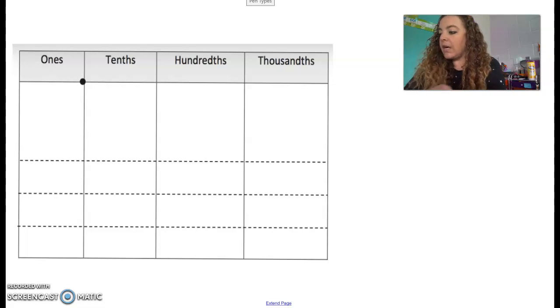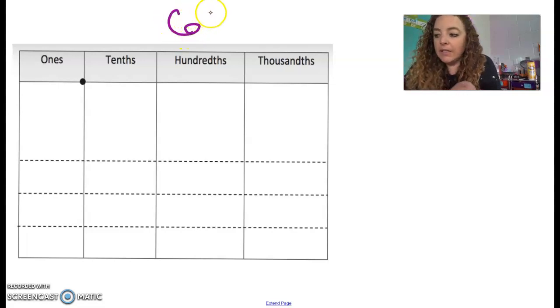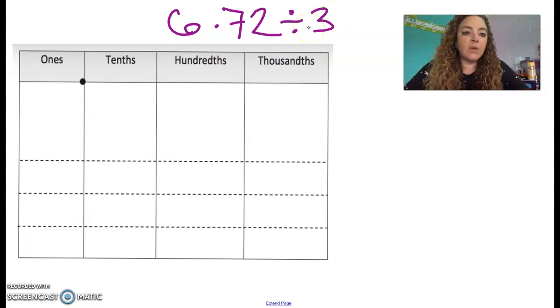So our numbers that we're going to be working with to start us out are 6 and 72 hundredths divided by 3. Okay, and often you see it written like this and you completely understand how to read it.